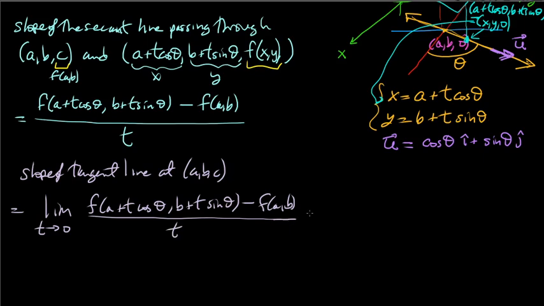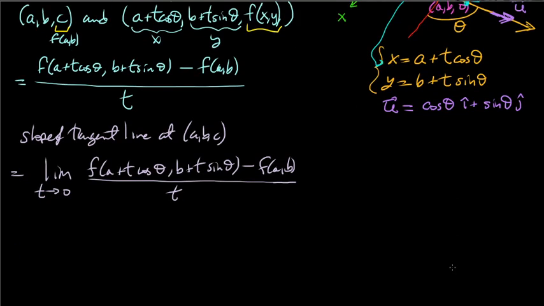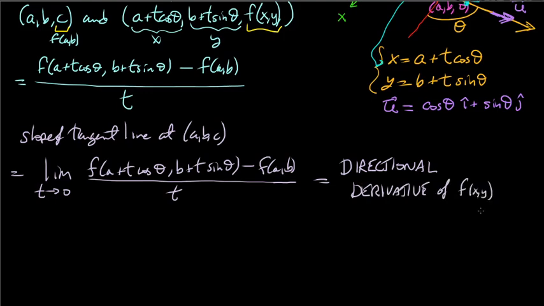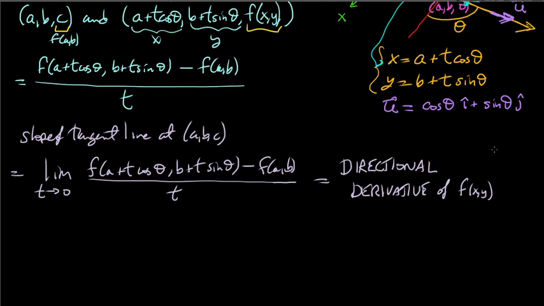So the slope of that big red tangent line is what we call the directional derivative of the function f of x, y.